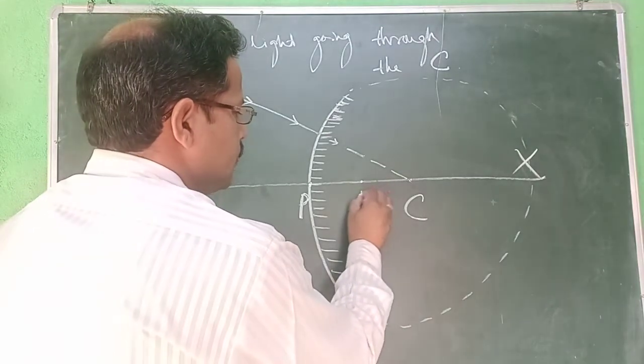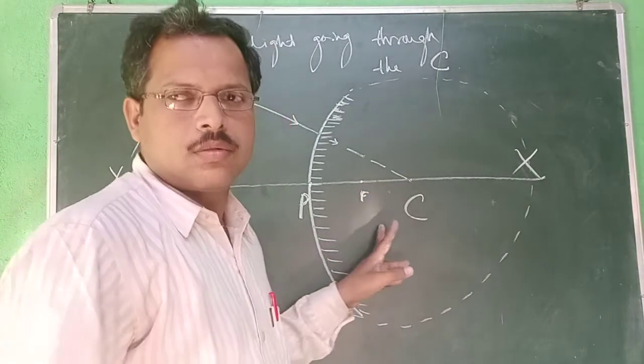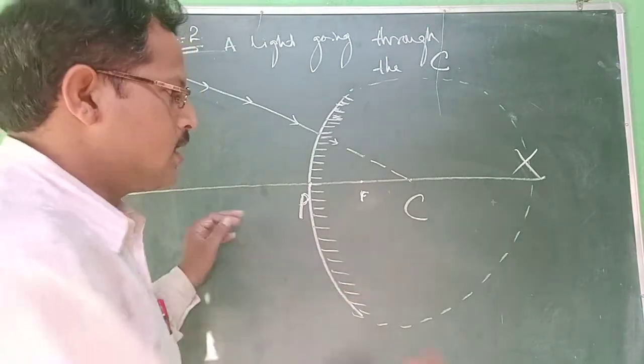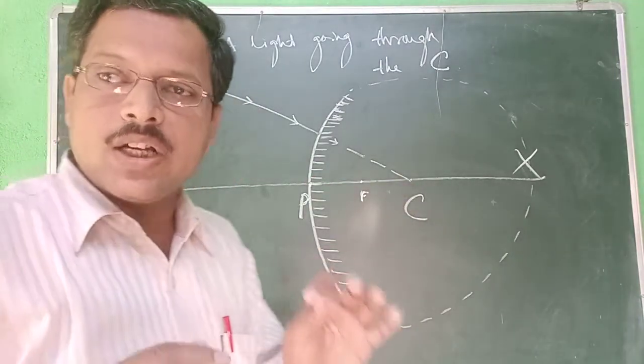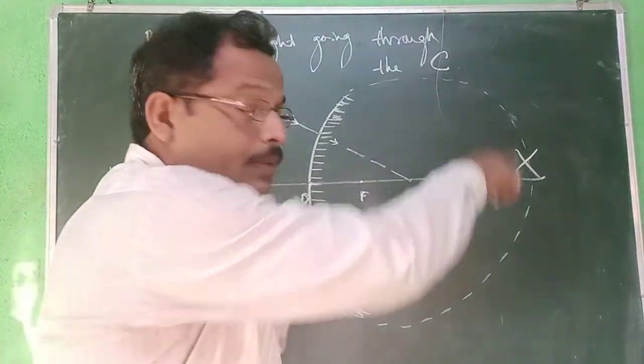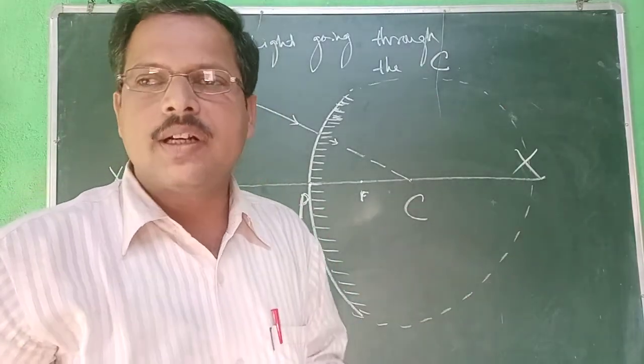This is the focus point. R is the radius of curvature. If you think of a circle, then the radius would be the radius of curvature.